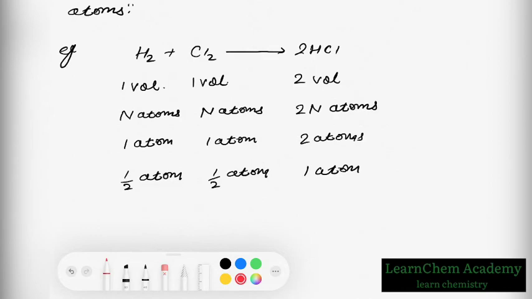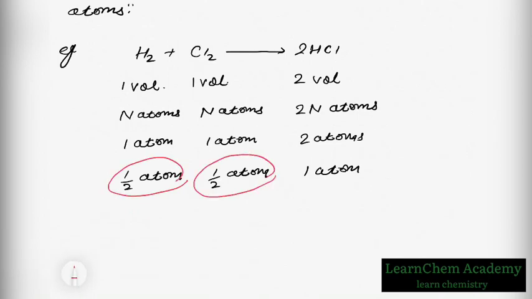We can't divide an atom in half, 1/4, 1/3 in these ratios. Okay, so this hypothesis failed, and this hypothesis was corrected by Avogadro.